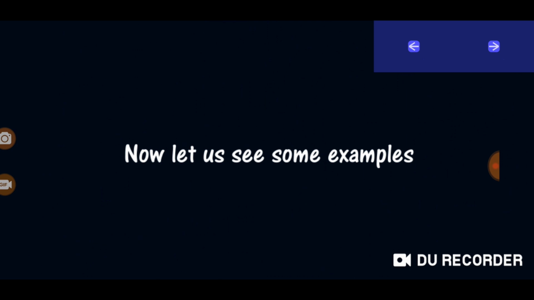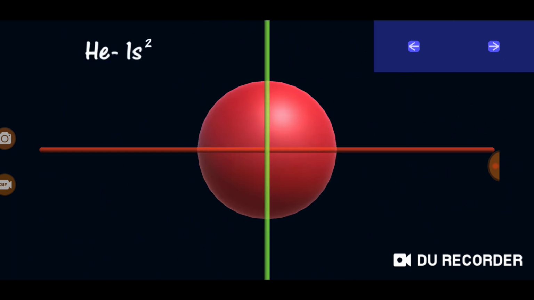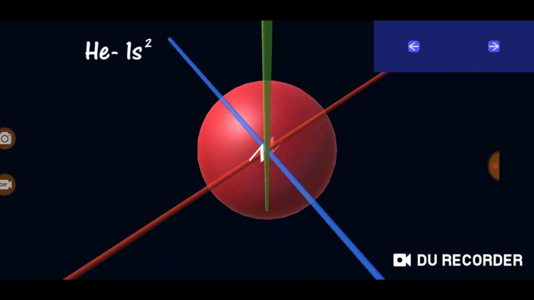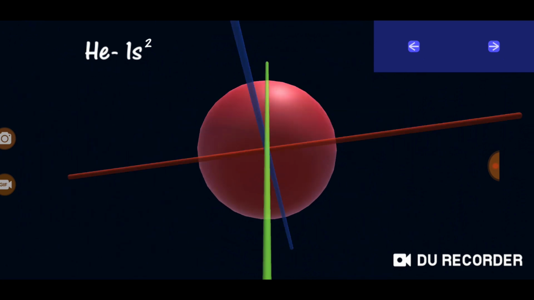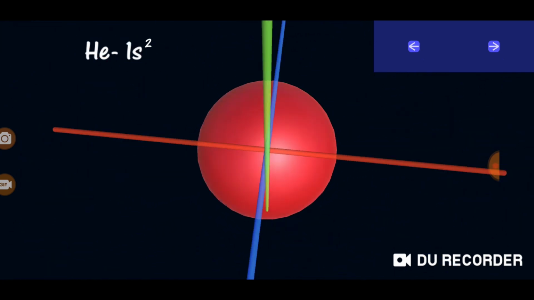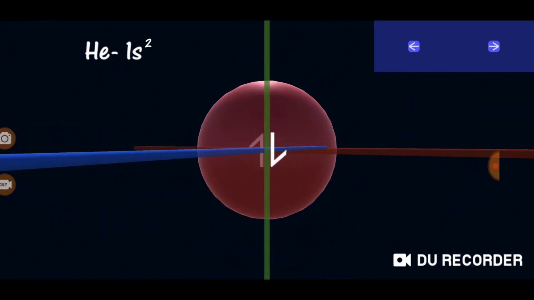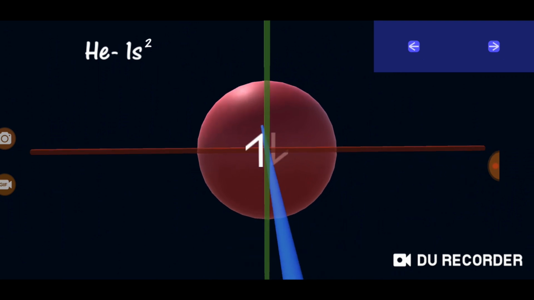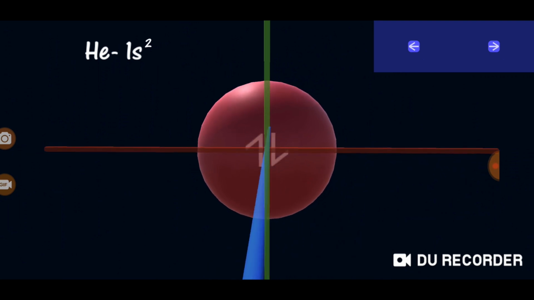Now let's see some examples. Okay, next, this is the helium atom, with 2 electrons that can be seen, one directing downward and the other directing upward.